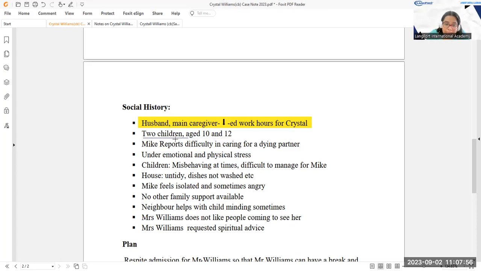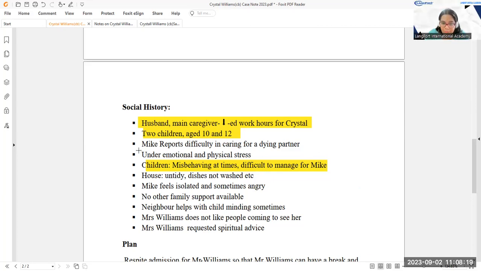But see, the husband is struggling to take care of the kids, who sometimes misbehave. So when I talk about kids, I need to mention that she has two very young kids, because the husband is struggling to manage that.